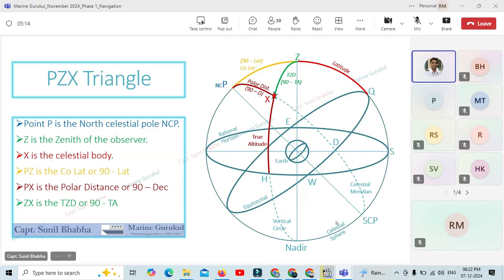There are three things, three parts, and three different circles we are using. One is for equinoctial. That is right. And the last one is for latitudes, or P to Q, whatever point we are taking, sir. Right. Okay, sir, understood, sir.